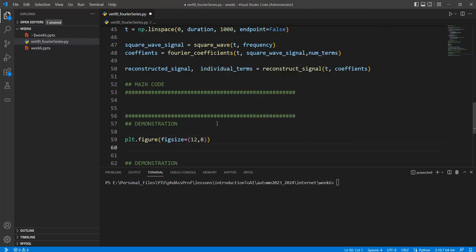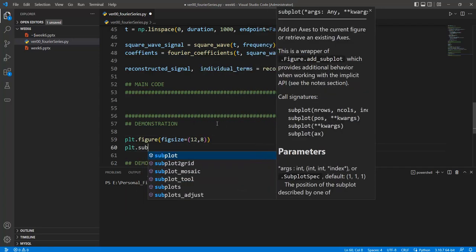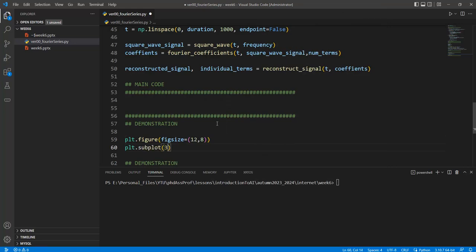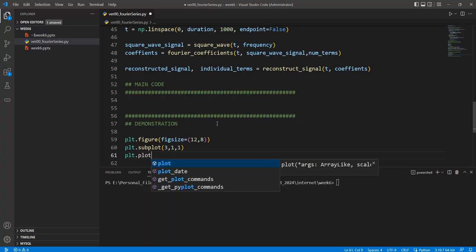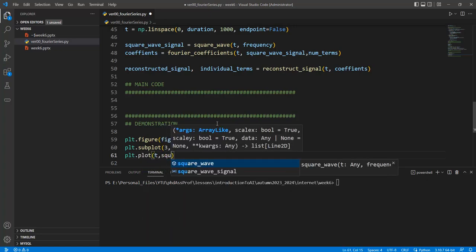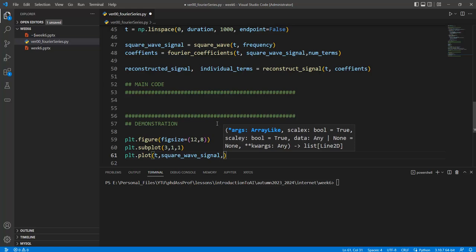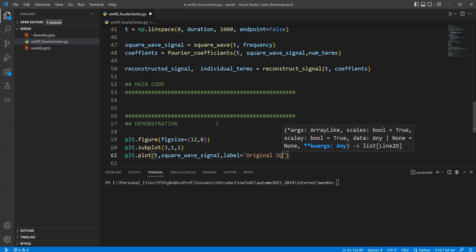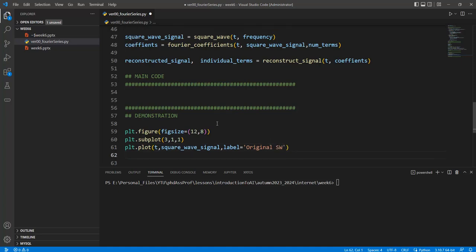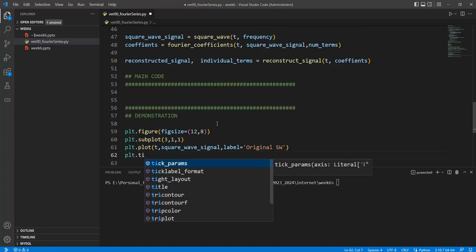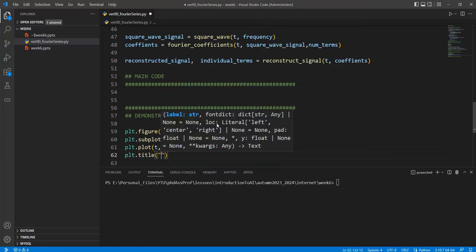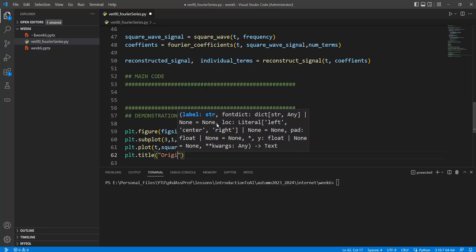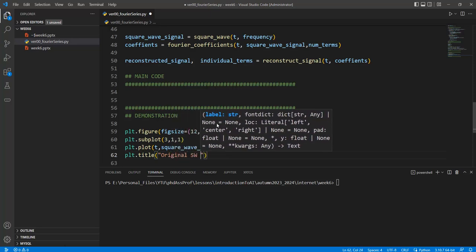Okay, and so plt subplot can be utilized with 3, 1 and 1, and plt plot T and square wave signal, and we have the label value in here, original square wave. Okay, and after that plt title can be given with the original square wave signal.